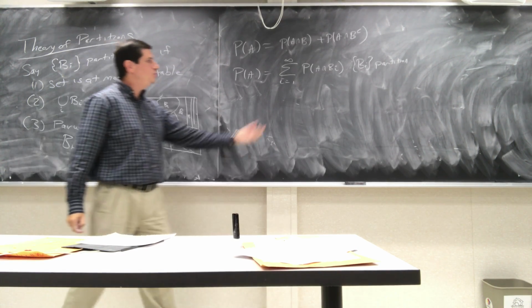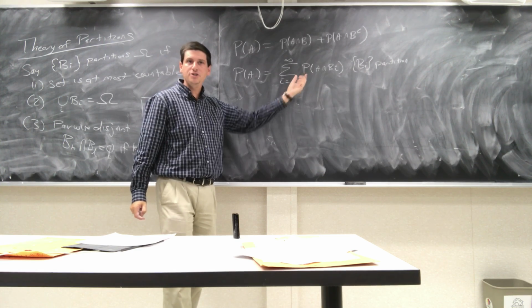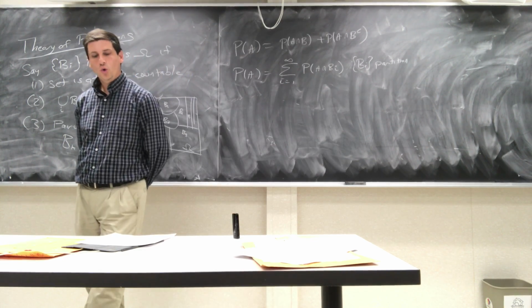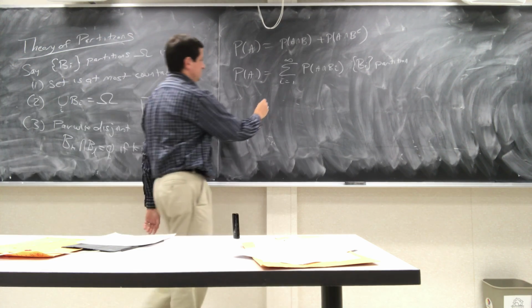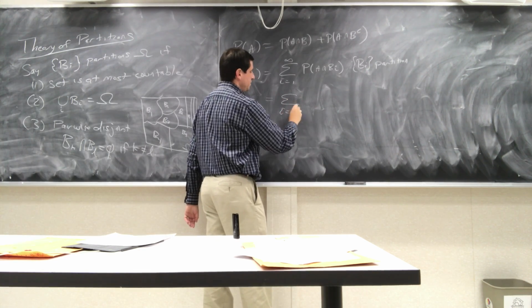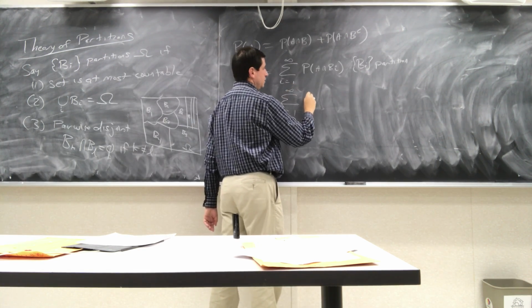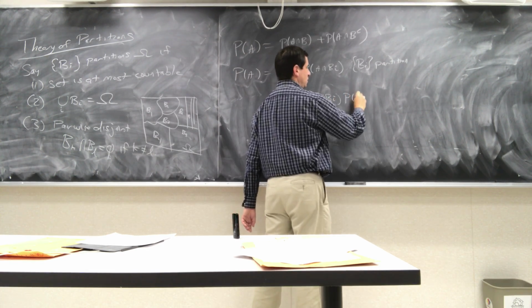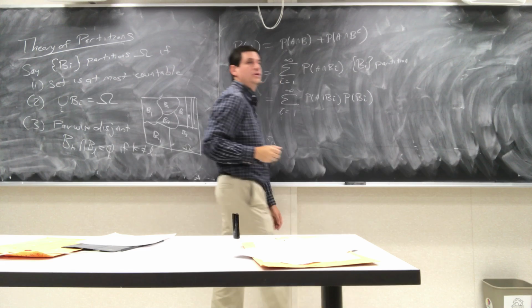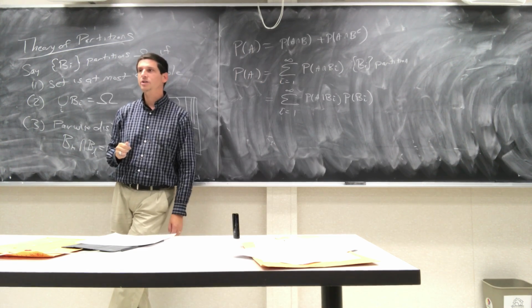Well, we can use our conditional probabilities, right? What's the probability of A intersect Bi? This is the sum, i goes from 1 to infinity, of the probability of A given Bi times the probability of Bi. So this is a really good way of calculating things.